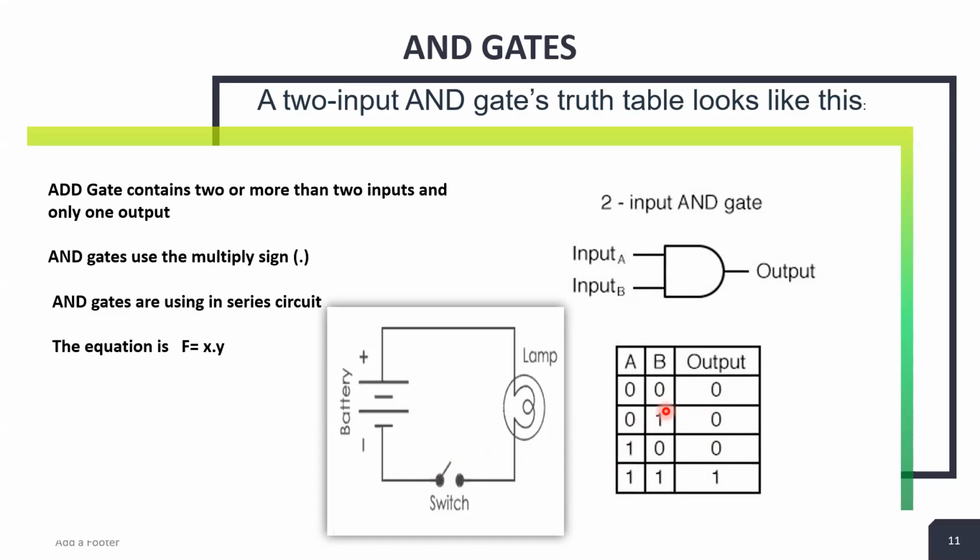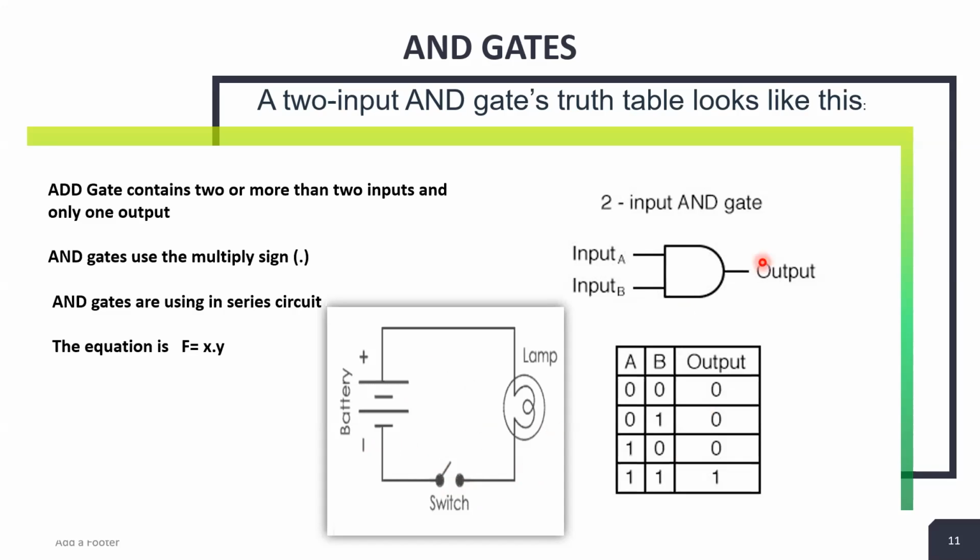But if we reverse it, the input A is 1 and the value of input B is 0, then what will be the output? Again 0, because now this one is closed but this one is open. Then current also doesn't flow in the series. Clear?